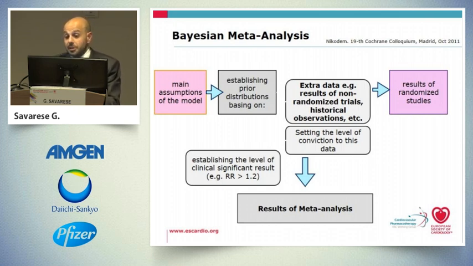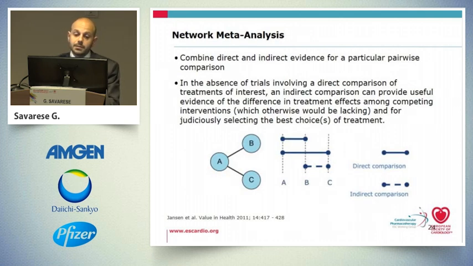And this can be decided according to a priori observations, for example. And then taking account of the trials we want to include in a meta-analysis, together with a priori information, we can have results of this meta-analysis.